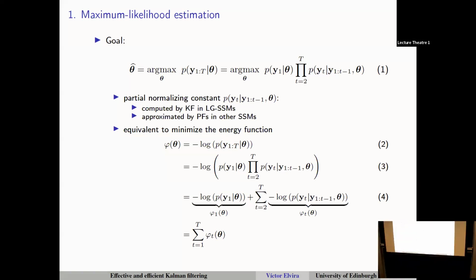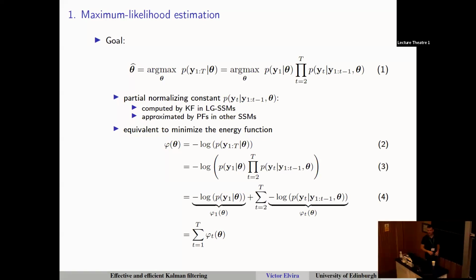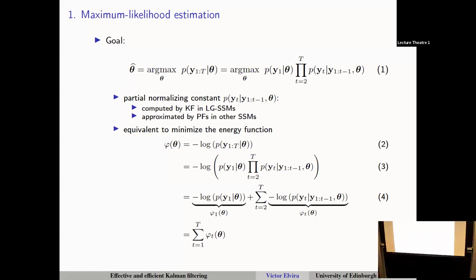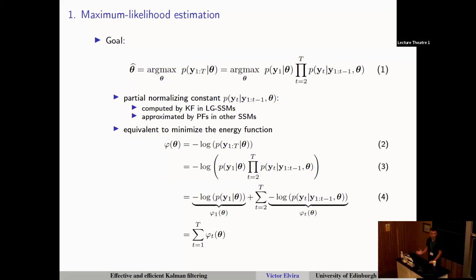Why? Because this is a density, so necessarily it needs to integrate up to 1. So you can see that this is also the integral of the marginal likelihood. I'll try to use more words for the online people. The marginal likelihood, the normalizing constant, is simply the integral of the numerator with respect to the whole trajectory of the latent state. That's why you can find it under different names, but the mathematical object is the same.